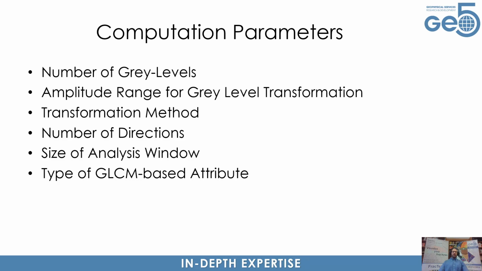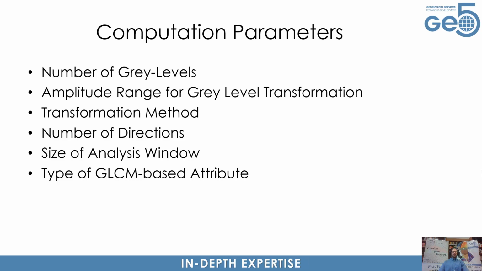Then we have to define the amplitude range for the gray level transformation, and also to define the transformation method, which can be, in our case, either linear, exponential, logarithmic, sigmoid, or logit. Then we have to define the number of directions used in our case. Depending on this number of directions, also the size of the analysis window has to be adjusted. And finally, we have to define the type of GLCM-based attribute used in the computation.